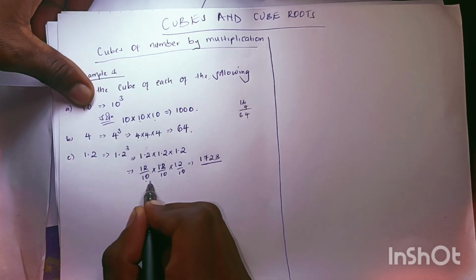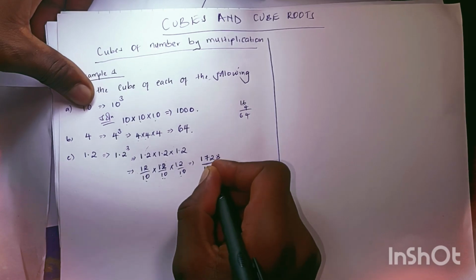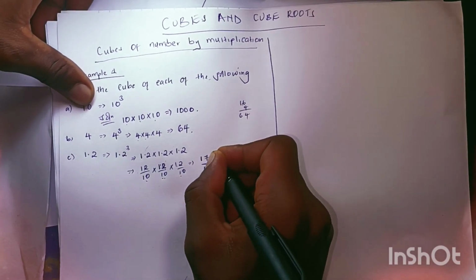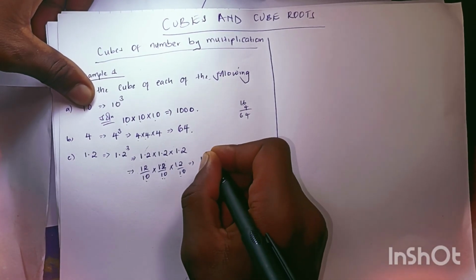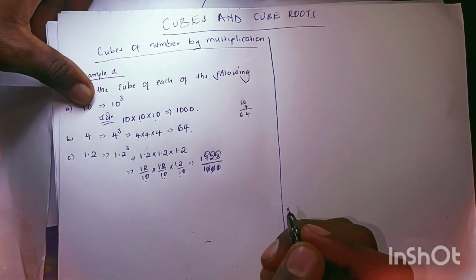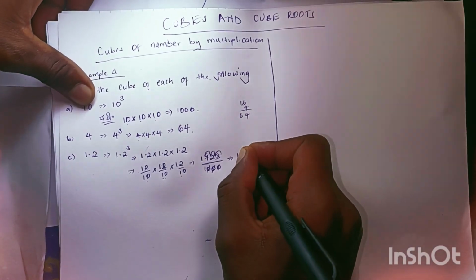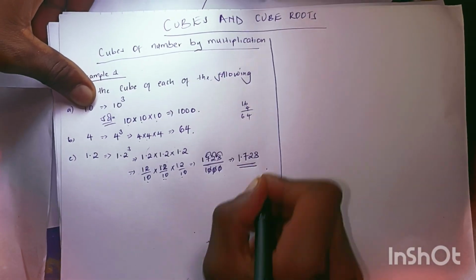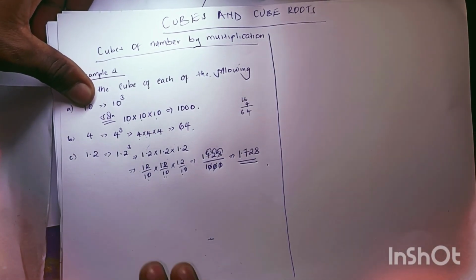Then 10 times 10 is 100. 100 times 10, I'll be able to get 1,000. Then when I bring the decimal inside by dividing by 1,000, I'll be able to get my answer as 1.728. You get it? So I hope you can be able to do this one.